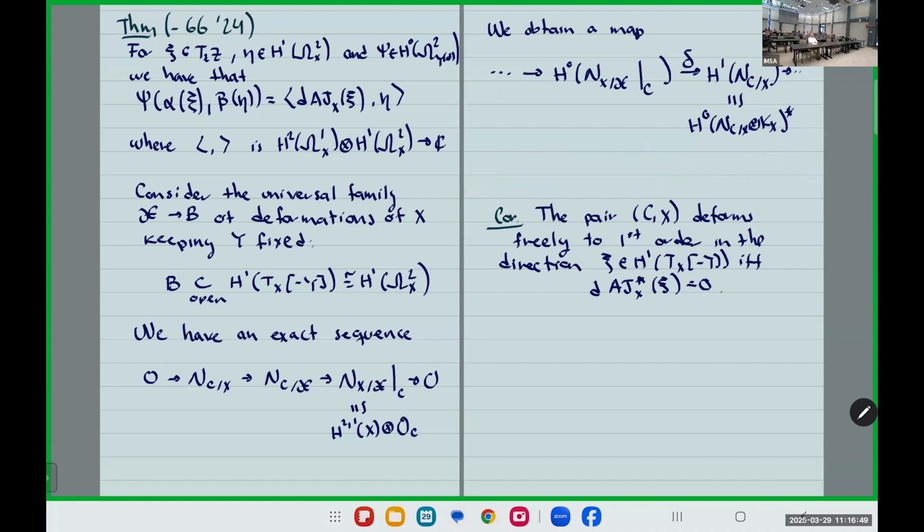And so we have a part of the Abel-Jacobi morphism. So the corollary is that the pair C, X, the curve and the Fano threefold keeping the boundary Y fixed, they deform freely to first order in this direction, only if the dual of the Abel-Jacobi map is 0.